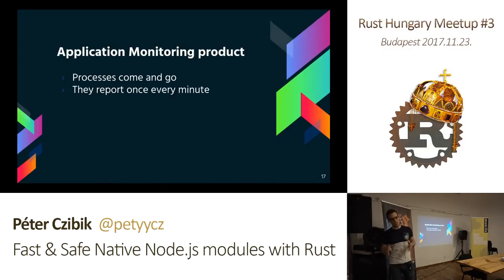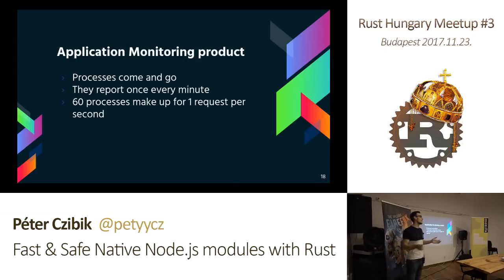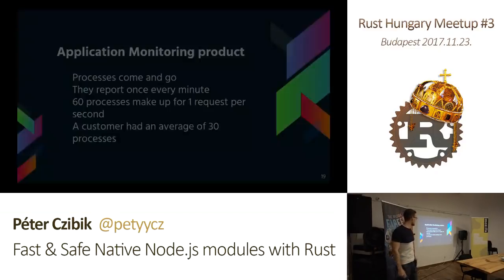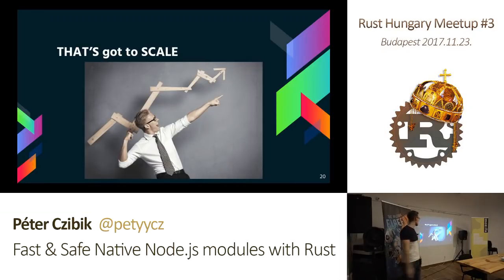In our specific example, they report once every minute, so 60 processes make up 1 request per second on average. A customer can have from 1 to 100 processes, which makes an average of 30 processes per customer, and that's got to scale, right?